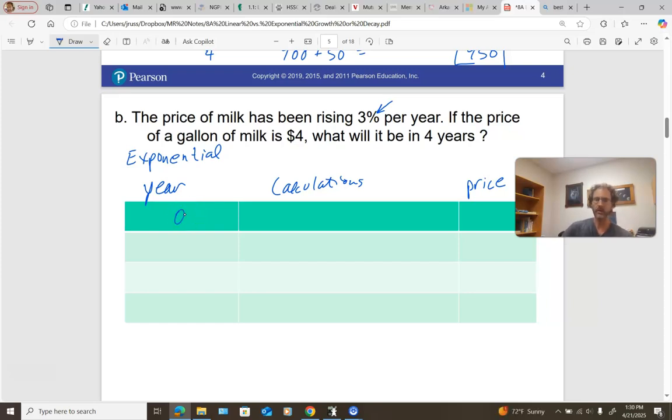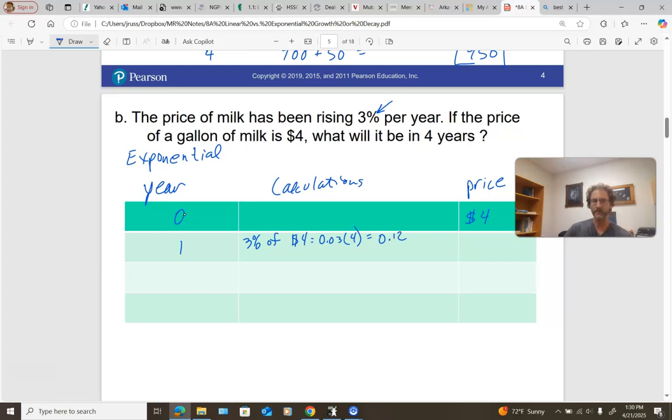Okay, so at year 0, that's the starting year. It's starting at $4. Okay, but after that first year, what happens is the price increases by 3%. So you have to find 3% of $4. And if you remember how to do that, you've got to convert 3% to a decimal and multiply it by 4, and I believe that will give you 12 cents, 0.12.